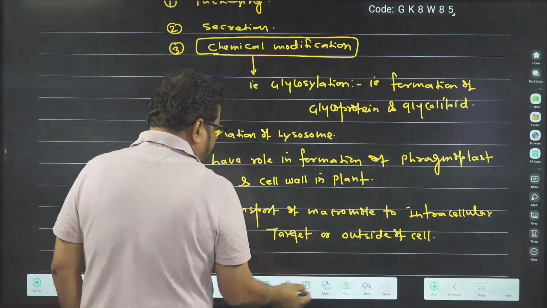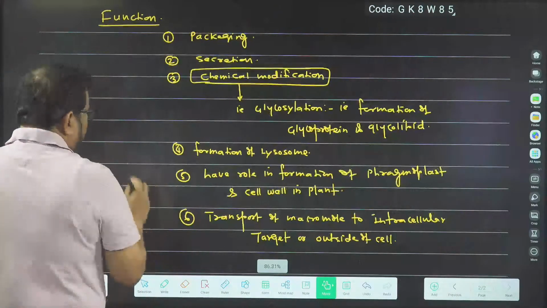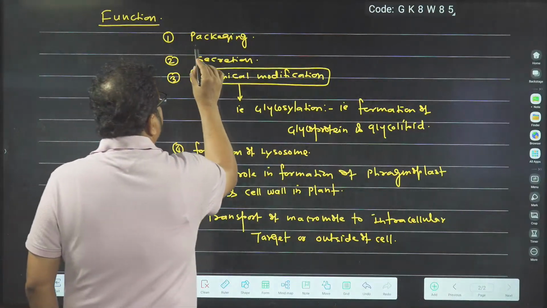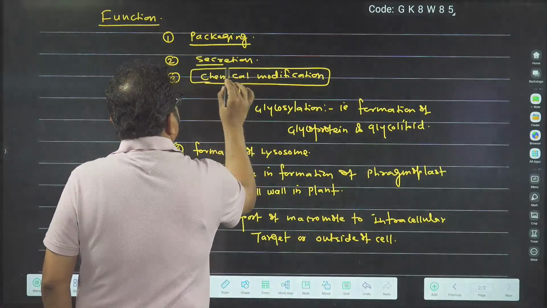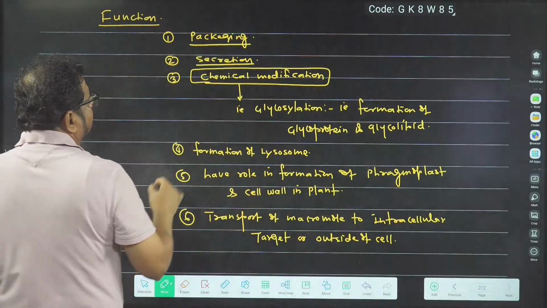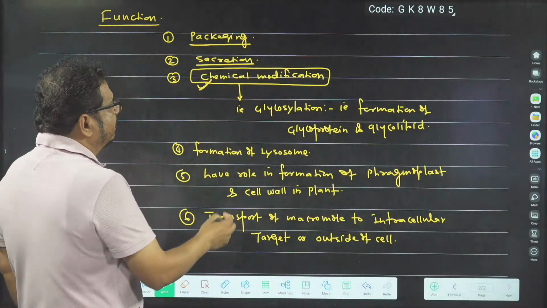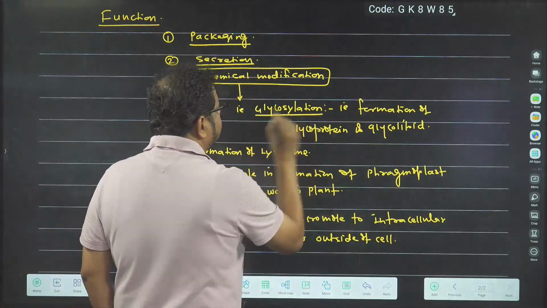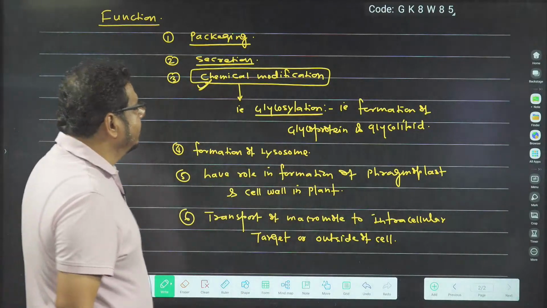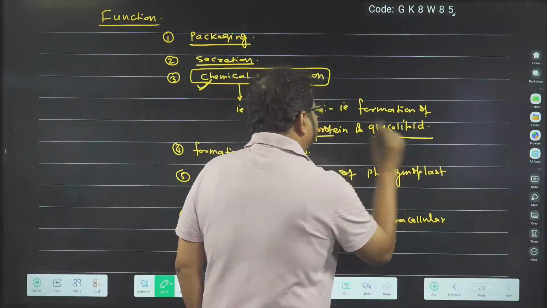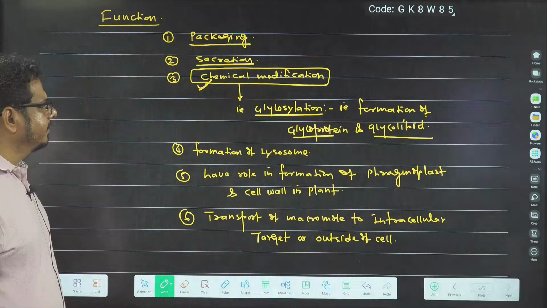Once again, see the functions I wrote. First function I wrote packaging. Second function, secretion. Third function, chemical modification. What is the meaning of chemical modification? Glycosylation. What is glycosylation? Formation of glycoprotein and glycolipid is called glycosylation.